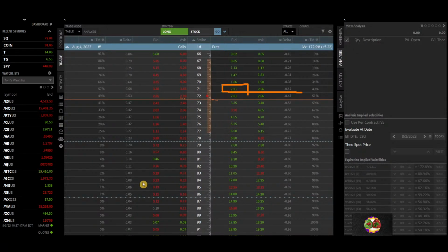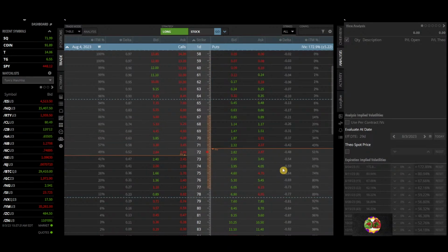You don't have a 7 delta, but at the 8 delta, there is a little bit more money in the put. Not this 231, that's not it. It's the 7 delta, we don't have it. So we've got a 6 delta here trading at, we'll call it, 19 cents.